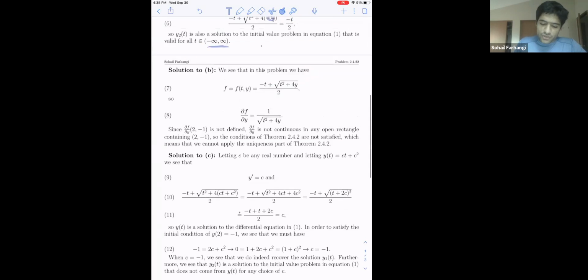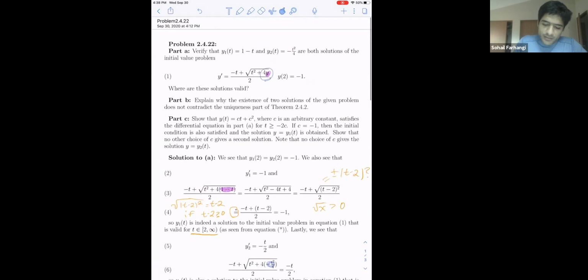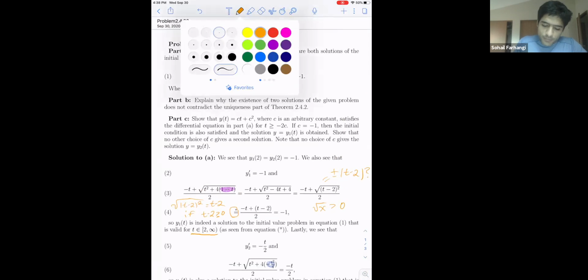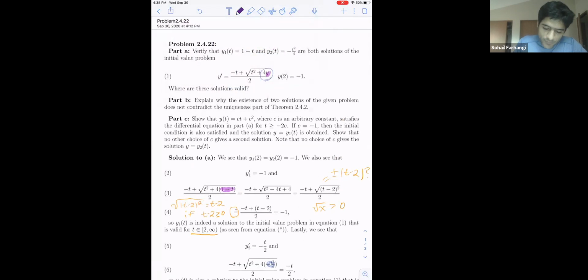We see that sure enough, if we do that, then this is going to be of the form f of t comma y. Right? So y prime equals f of t comma y. This is how we get it in the setup of theorem 2.4.2.